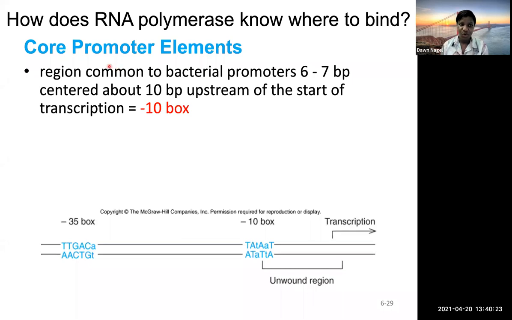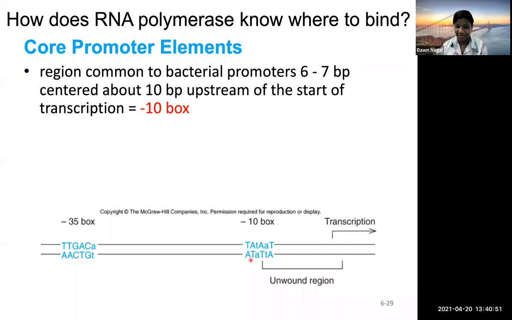Okay, so there's core promoter elements that are important for binding, for this polymerase to recognize and bind to. Okay, this region is common to all bacterial promoters. It's 6 to 7 base pairs centered around about 10 base pairs upstream of the start of transcription. So transcription starts here. It's 10 base pairs upstream, so it's referred to as -10.